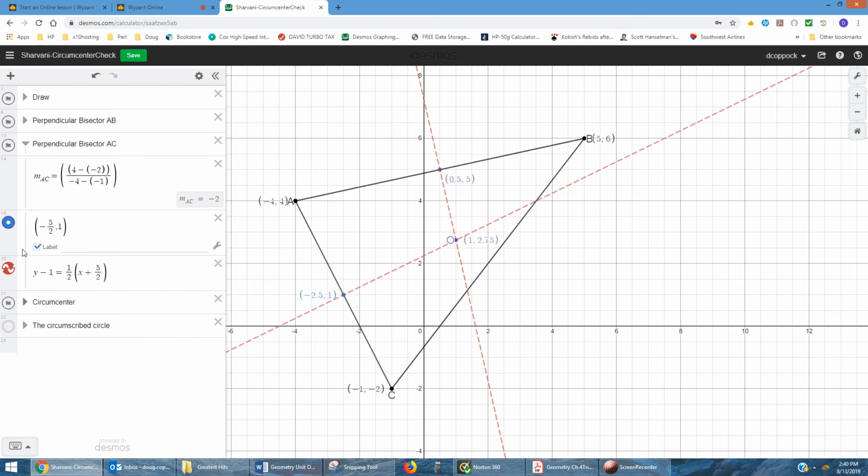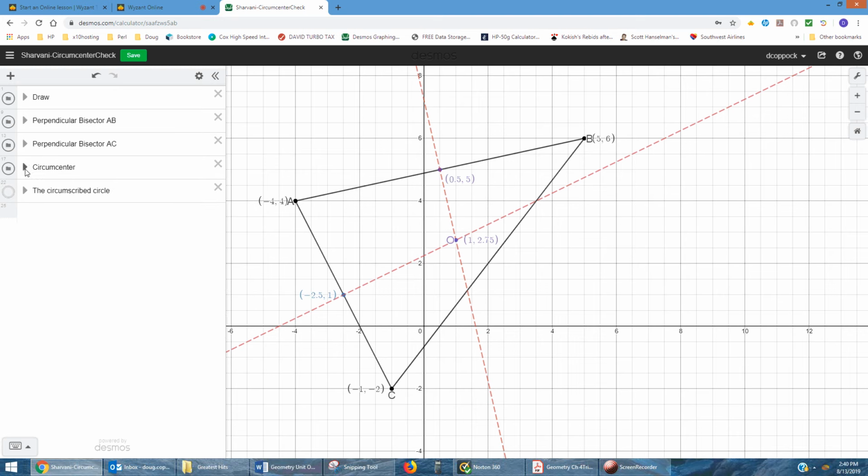Here's the circumcenter calculation. Here's the circumscribed circle calculation. Distance is 5 minus 1 squared, that's 5 minus 1, the quantity squared, plus 6 minus 2.75. There's the distance formula.